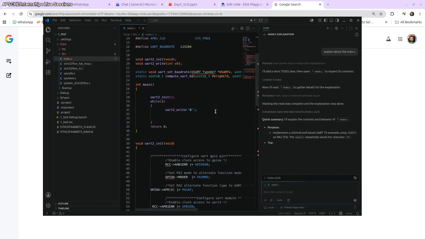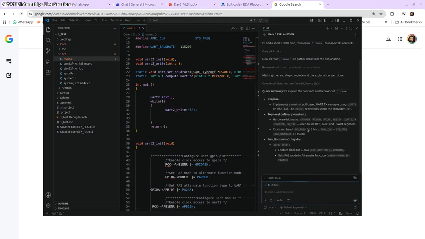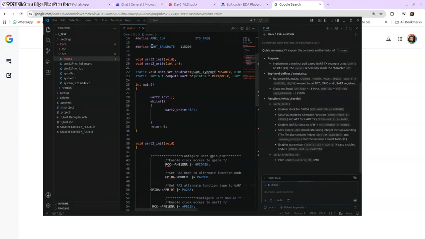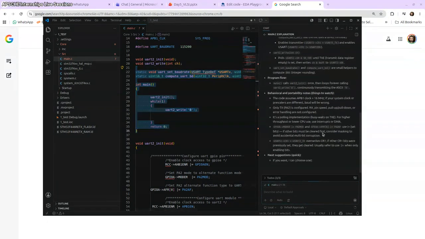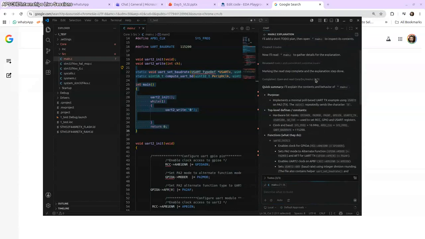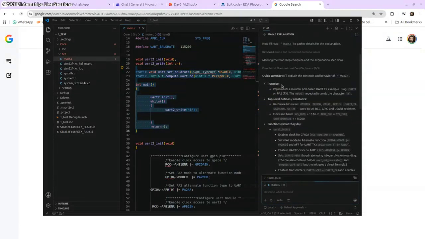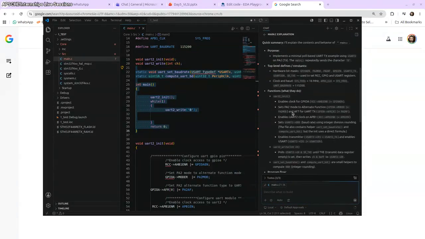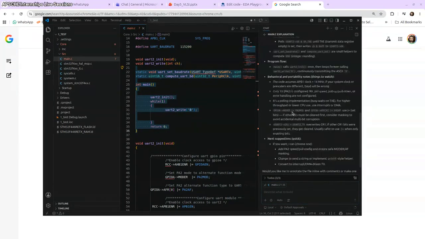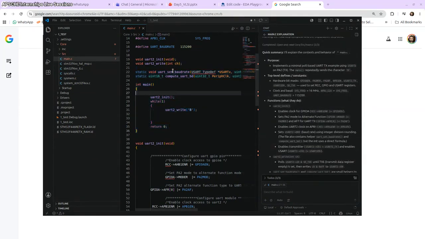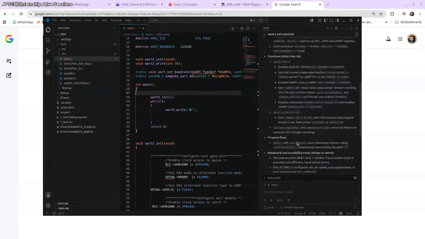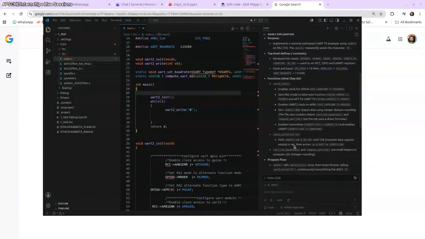Nowadays with AI, with the LLM I'm able to read the whole file, and it is giving me a quick summary, the purpose, and the top-level definitions, what are the functions it is using, so that I can read the things easily. Oh, this is what is happening. Instead of reading the code, I can make the LLM work for us.